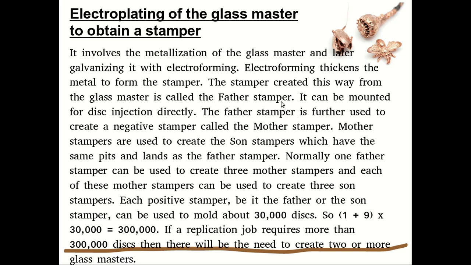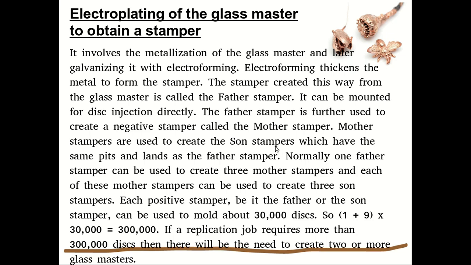Father stamper. A negative of this data, obviously there is some data on the father stamper, and the negative of this data is created where we called it as the mother stamper. The mother stamper is not used directly for the data transfer, but the main role of the mother stamper is to convert or to create various so-called son stampers.